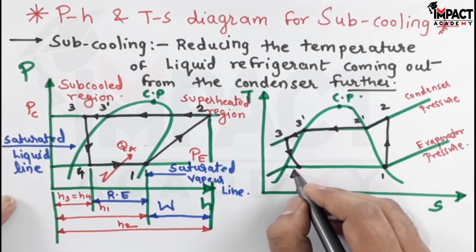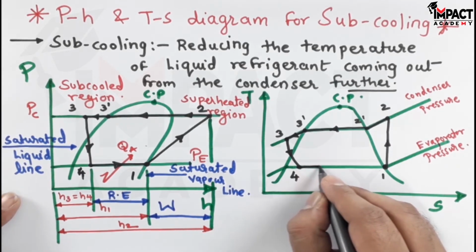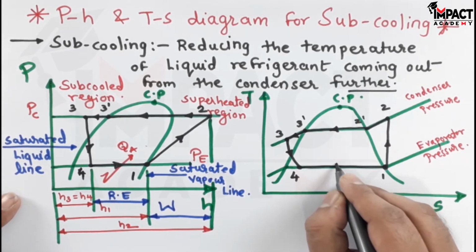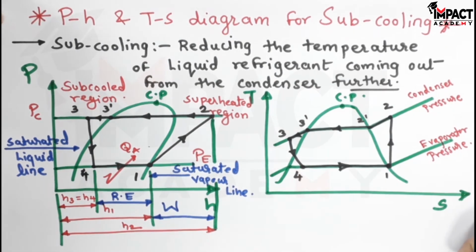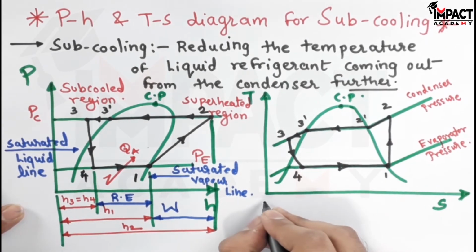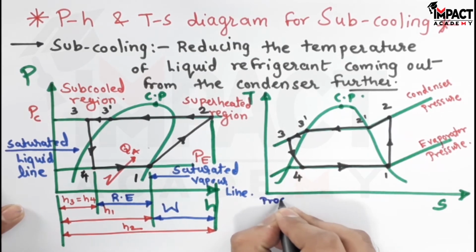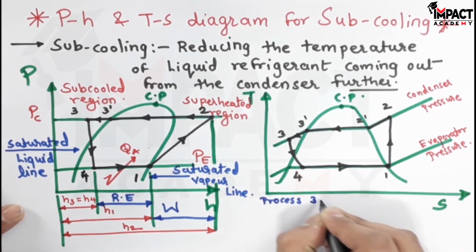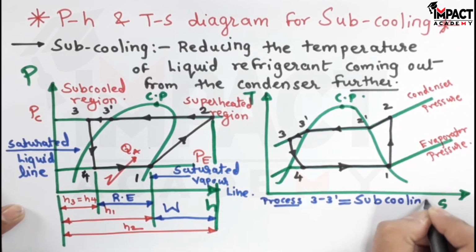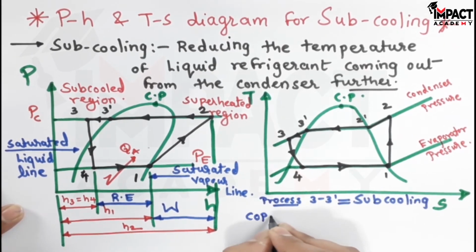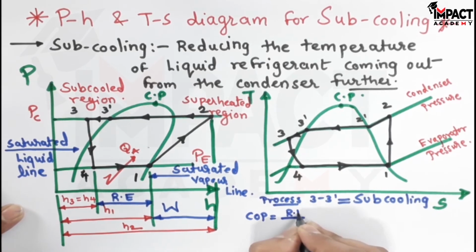At 4 it enters the evaporator and absorbs heat. So we are getting the refrigeration effect from 4 to 1. So process 3 dash to 3 is subcooling. And I'll write the COP for this. COP is again refrigeration effect upon work input.